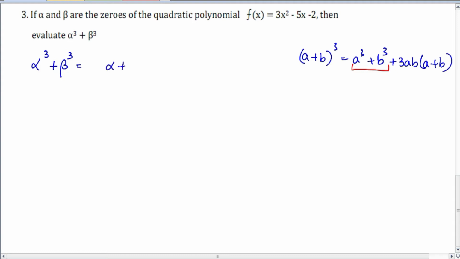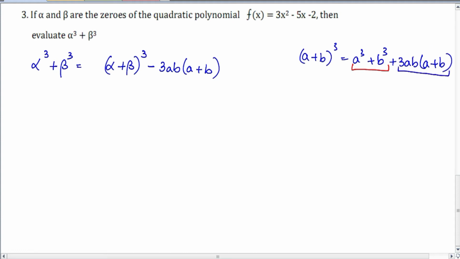So here I will write alpha cube plus beta cube is equal to alpha plus beta whole cube minus 3 alpha beta into alpha plus beta. See, this a plus b will not become a minus b because this is an entire term.